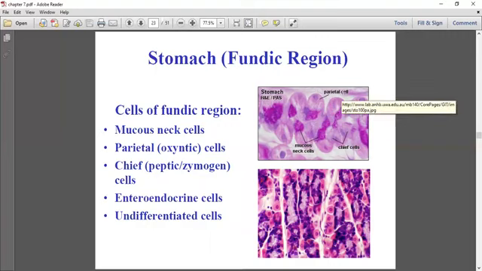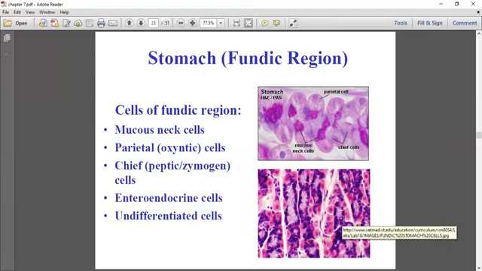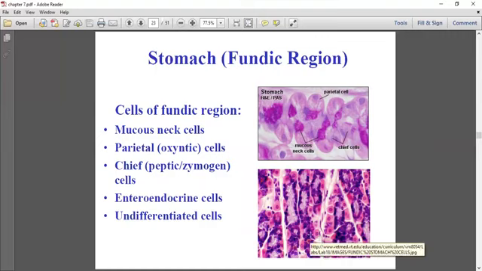These are mucous neck cells. The blue color here represents the peptic or chief cell that secretes pepsin.